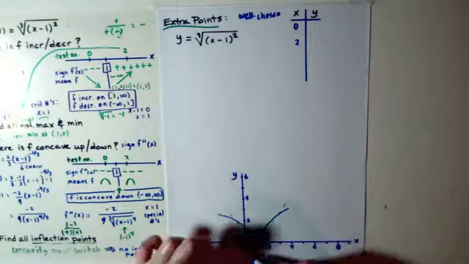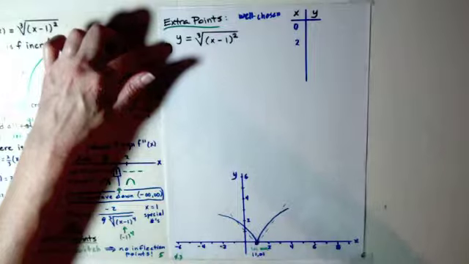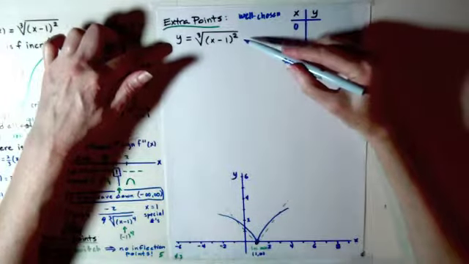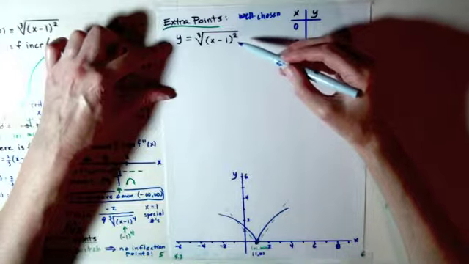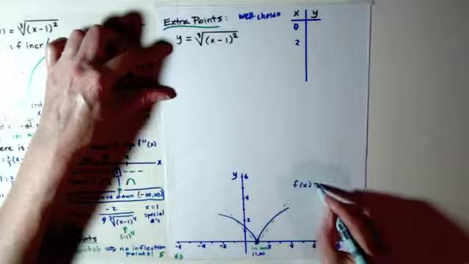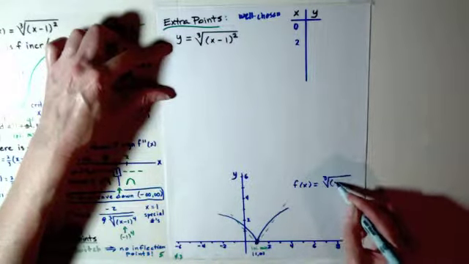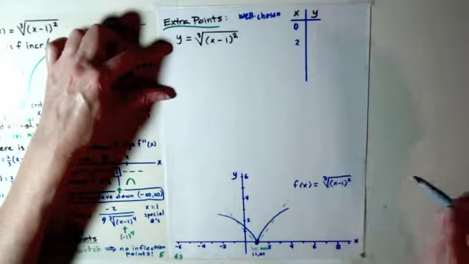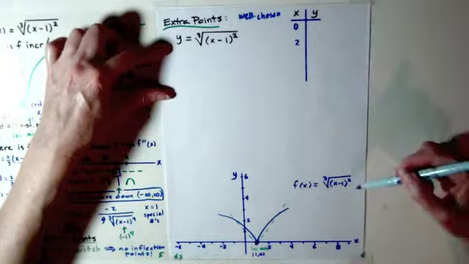Now, if I want points on the graph of this function, remember you want to plug these into the original function, which is cube root of (x minus 1) quantity squared. So that was our original f of x. Maybe I should put that down here and label it. We're graphing f of x equals cube root of (x minus 1) squared. If I want the y-coordinate of a point on the graph of this function, I better plug it into that function.